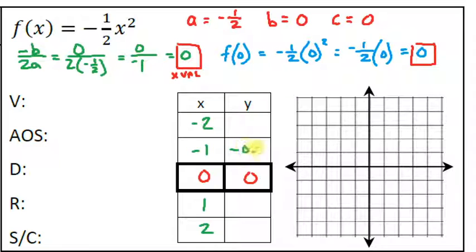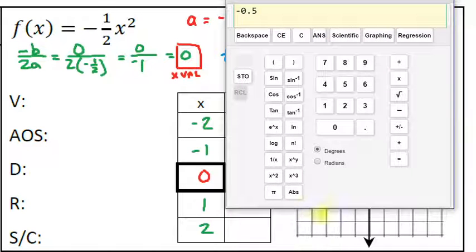Negative 0.5. Let's go ahead and plug in negative 2. So I'll clear that. Negative, I'll put my fraction in parentheses again, 1/2, and then I'll put in negative 2, close parentheses, press equal, and I've got positive 1. Why do I have positive 1? I think I put that in wrong.